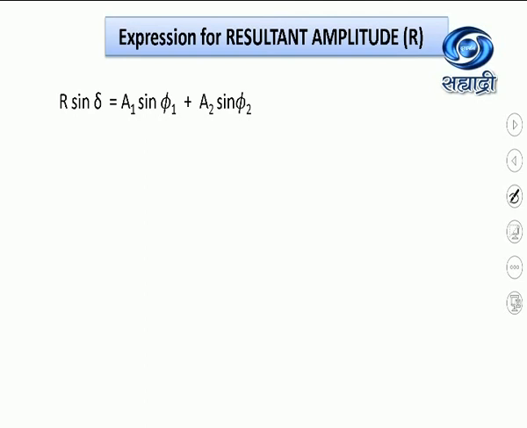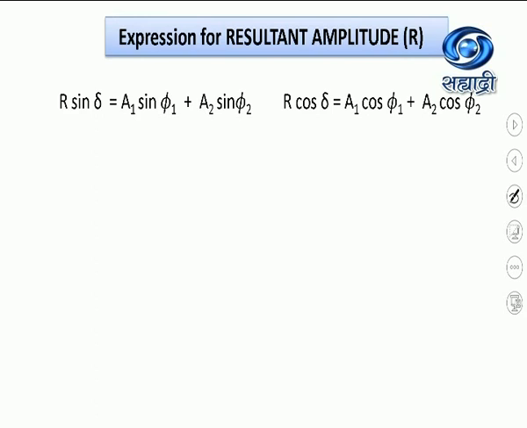Certain constants we have assigned in the beginning, that is capital R and delta. The expressions assigned as constants are R sin delta equals A1 sin phi 1 plus A2 sin phi 2, and the other constant, R cos delta, equals A1 cos phi 1 plus A2 cos phi 2.